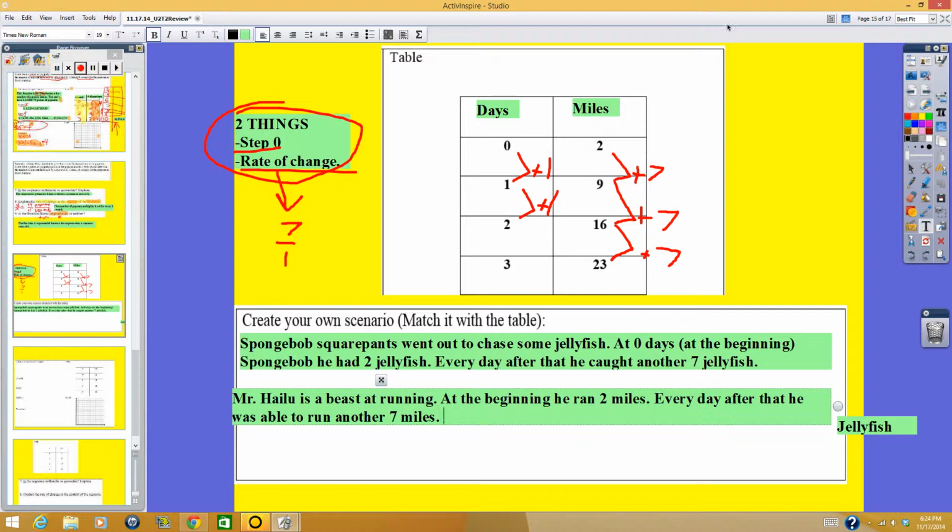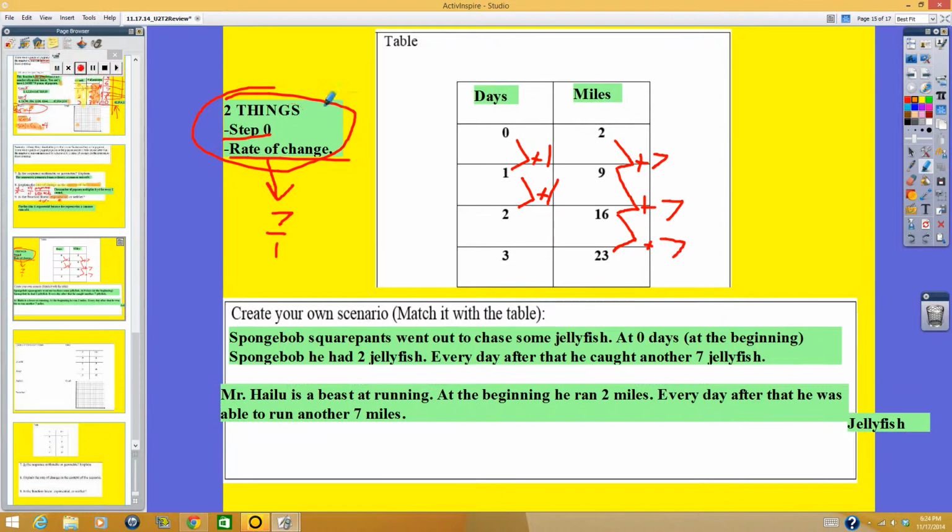You need to talk about step 0 once again, right? I talked about at the beginning, at 0 days, 2. That matches it. You need to talk about the rate of change. So, every day, another 7 jellyfish. Every day again, another 7 miles.